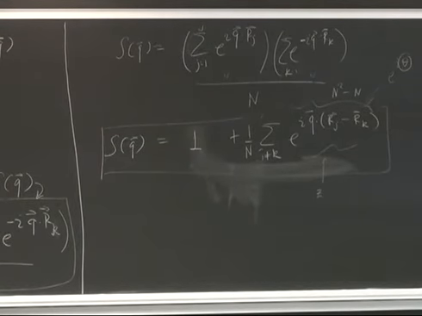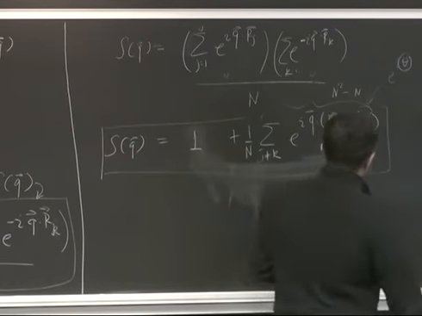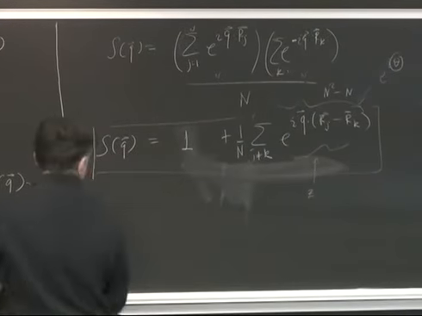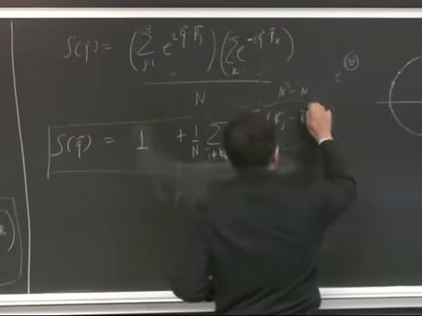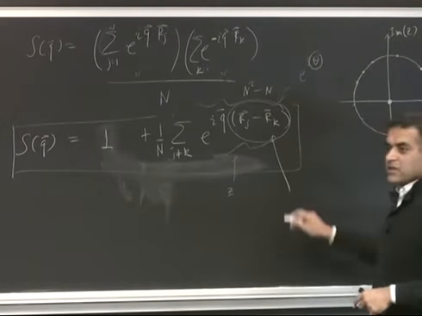Now, let's look at what would happen if it's not random. I mean, obviously, that's really what we're interested in, right? Now, if it was perfectly ordered, a perfect crystal, then again, we know this quantity, Rj minus Rk, right? What do we know about that?